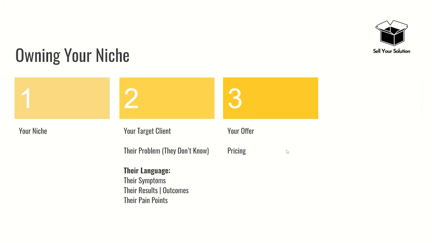So we have 3 different components here. First one is your niche, then your target client and your offer. And right away you see that your offer is not necessarily your niche. And we'll talk about the language of the clients, which is super important, which most people get wrong, which is what their problem actually is.